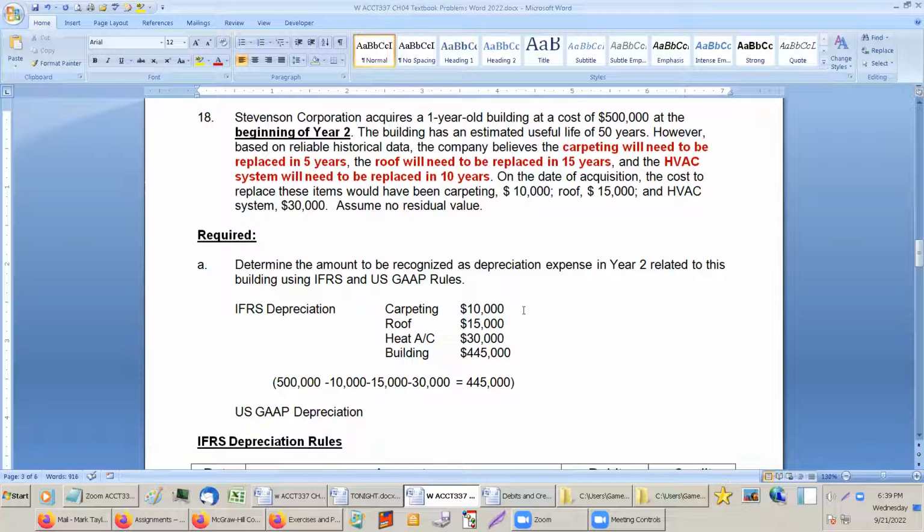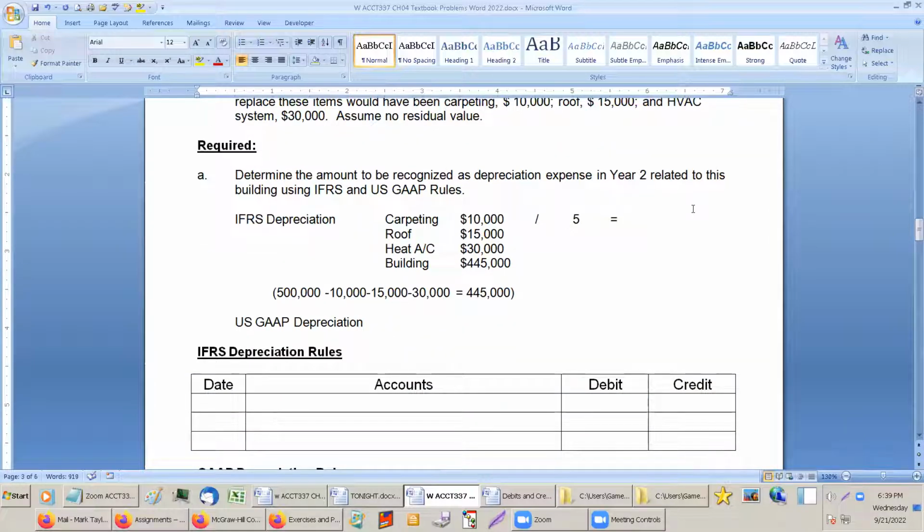So, divide this by the number of years. Carpeting is 5 years, so 2,000 a year.